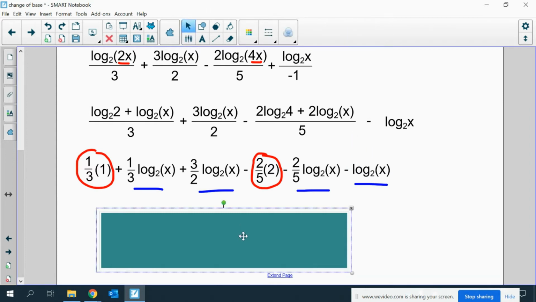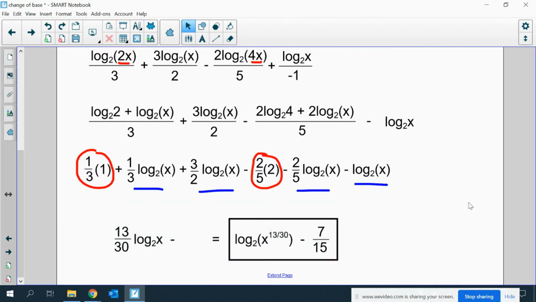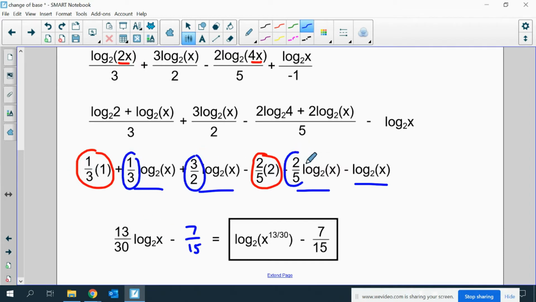So after I add all of those, I end up with 13/30 log base 2 of x, and that comes from just adding and subtracting all of these coefficients. And then minus 7/15, that comes from the 1/3 minus 4/5. And then since the problem's directions were condense, I'm going to take the coefficient and turn it into an exponent on the inside, the exponent of the argument.